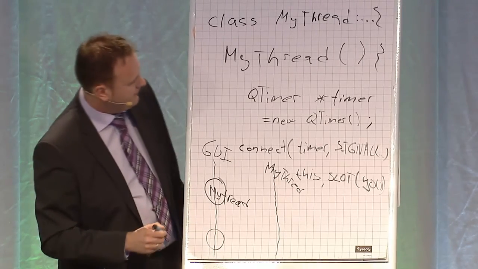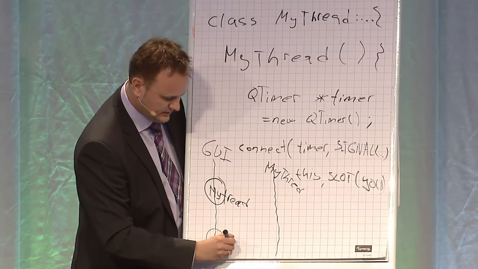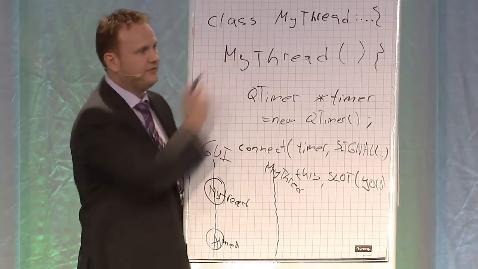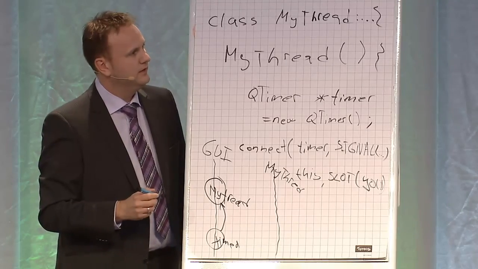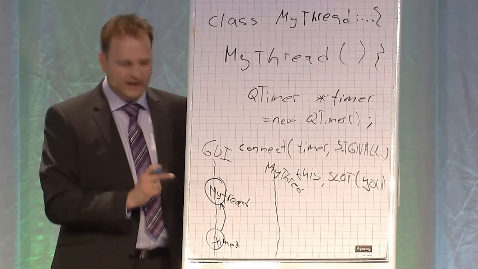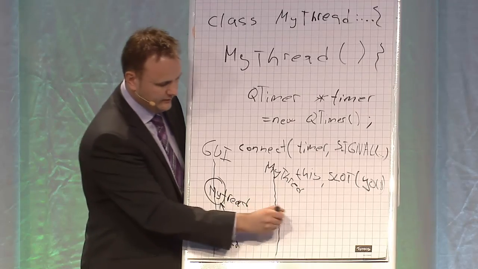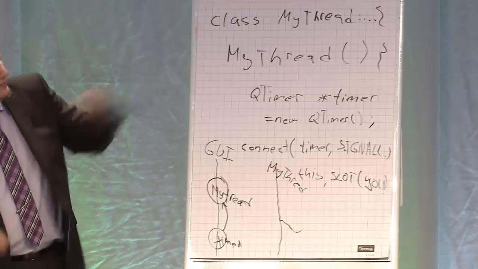Down here, I have my QTimer. The timer is created on this thread, and I have a signal slot between the two. And that's exactly, correct me if I'm wrong, this is exactly the problem. I thought that my slot would be executed over here on my new thread. It was not. It was executed on my GUI thread due to this.